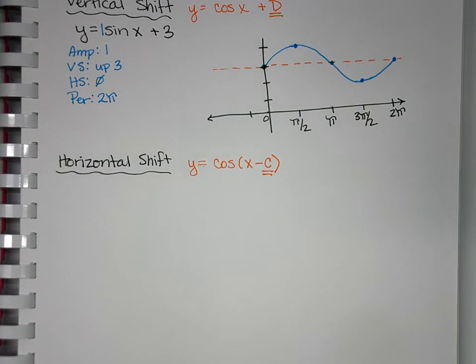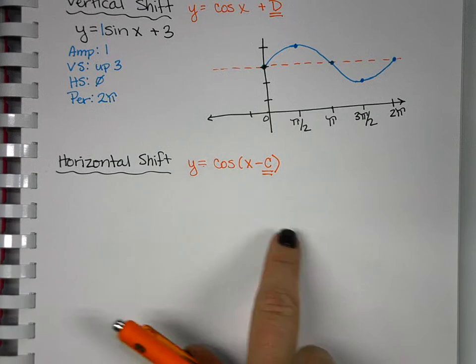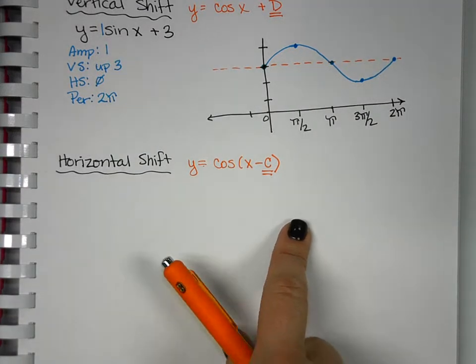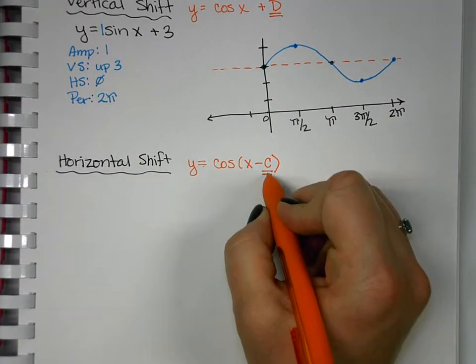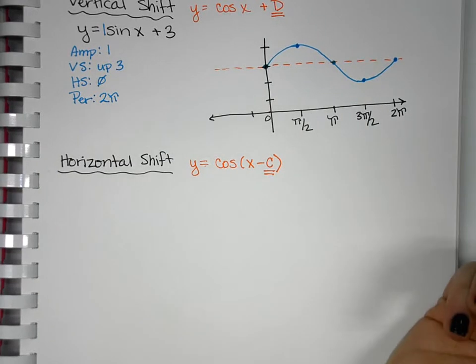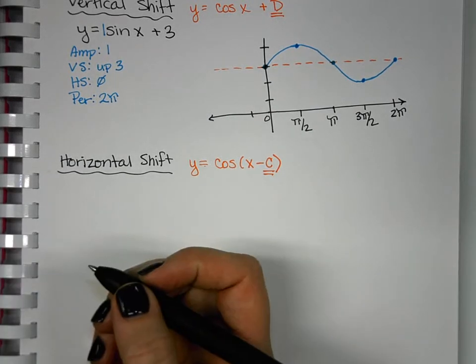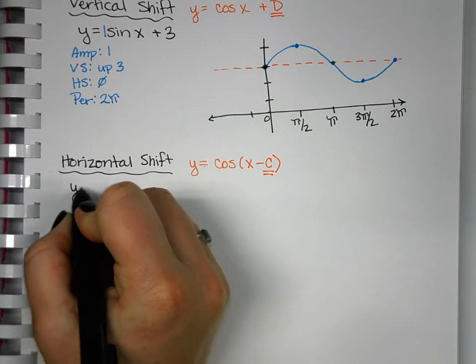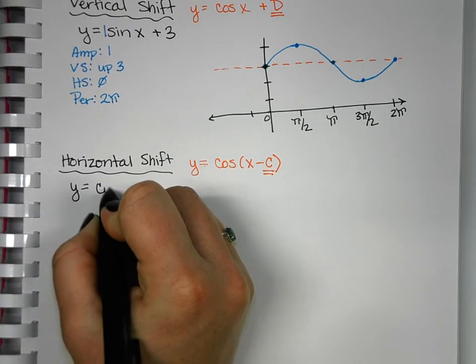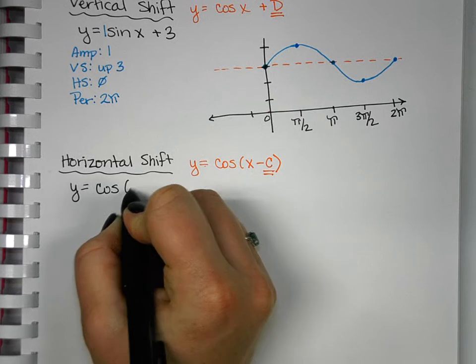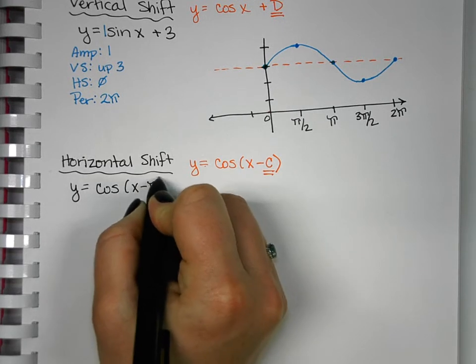One of the things you want to remember is that if it's in parentheses, it actually goes the opposite direction. So because this is minus, that would be to the right the c amount. If it's a plus, you go to the left. That idea is pretty consistent in all of our graphing from last year and this year. So if we look at the graph of y equals cosine of x minus pi.